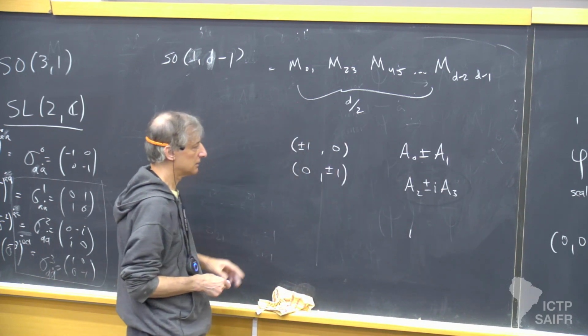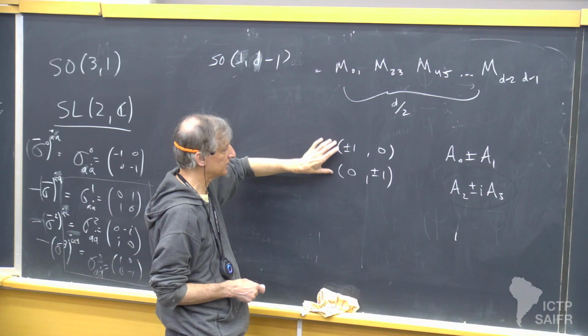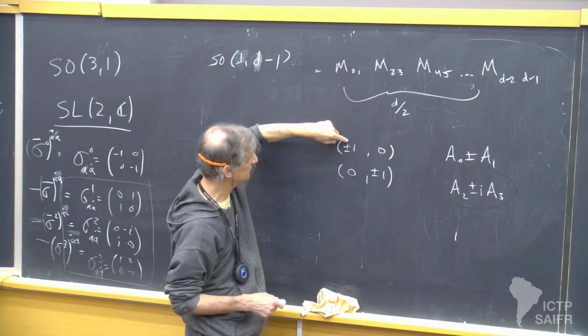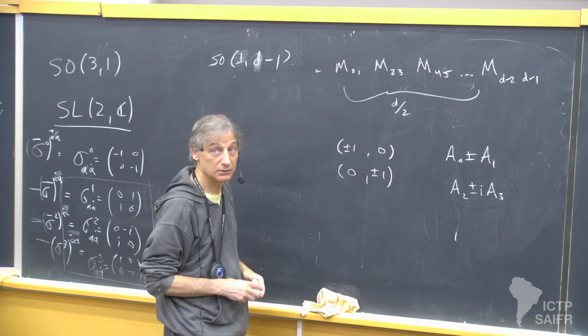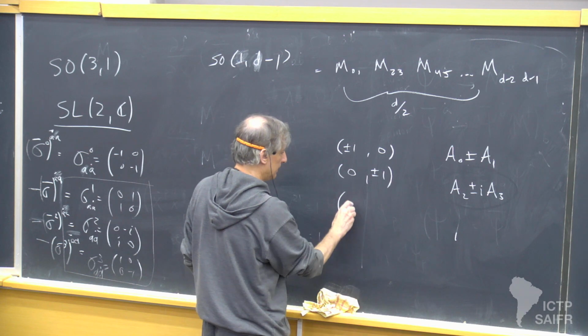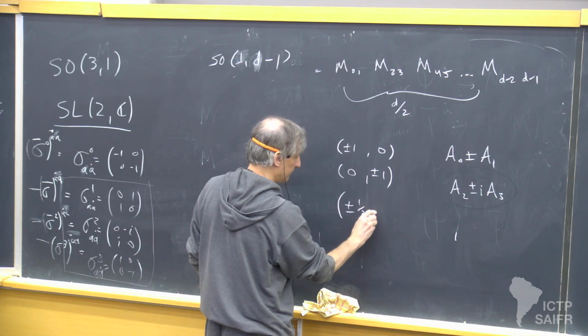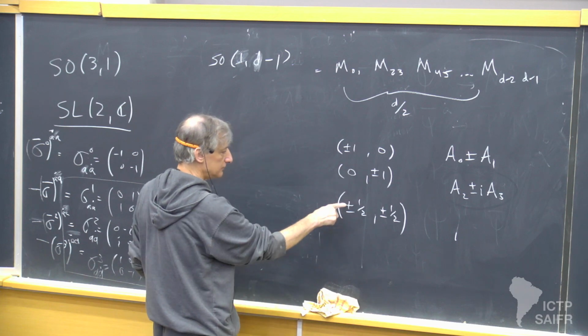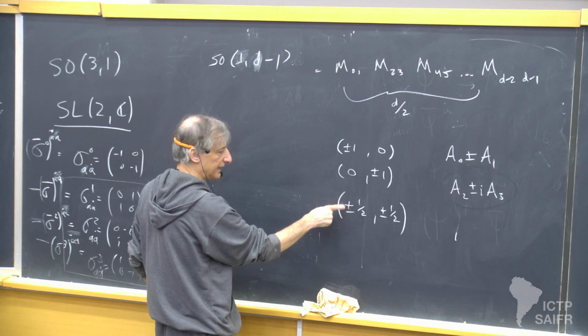So you can describe the 4-dimensional vectors in terms of their charges with respect to these, and they're either plus or minus 1. You could do the same thing for the fermions, and you find that in this case it's either plus or minus a half. This would be the chiral and antichiral fermions.